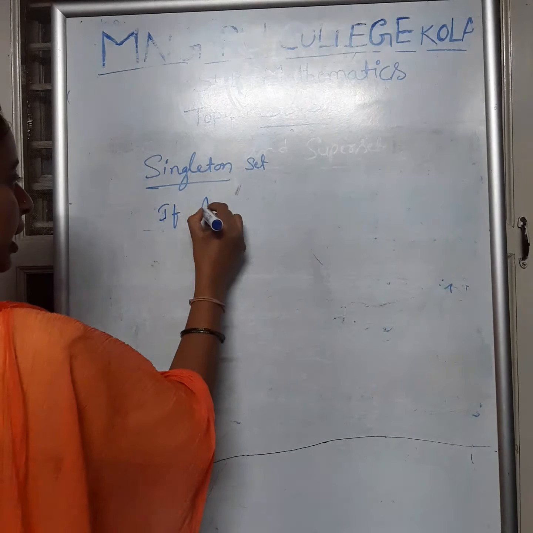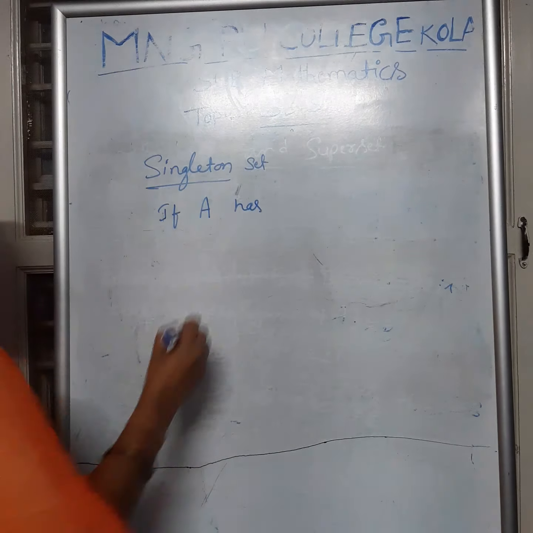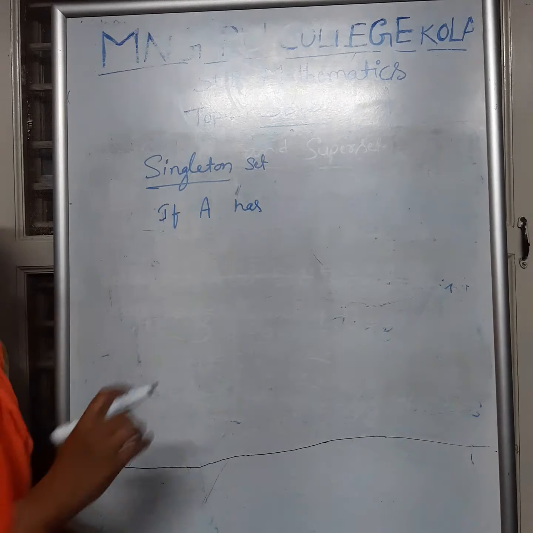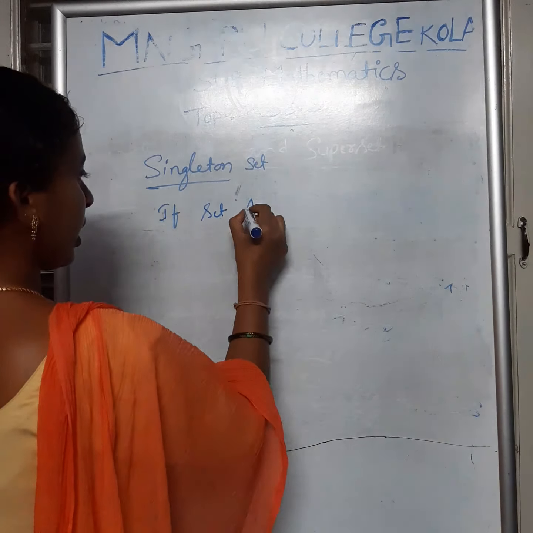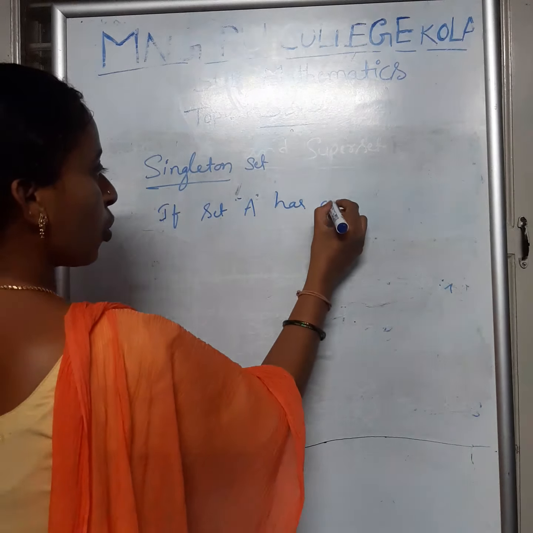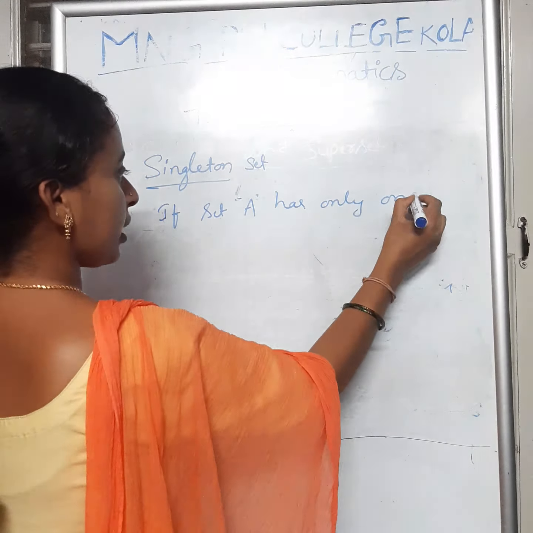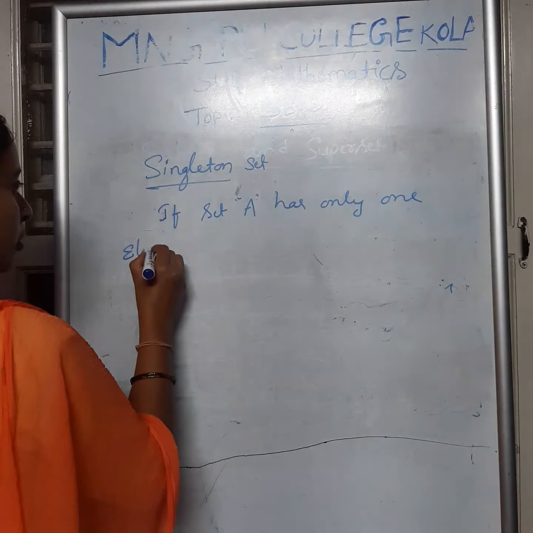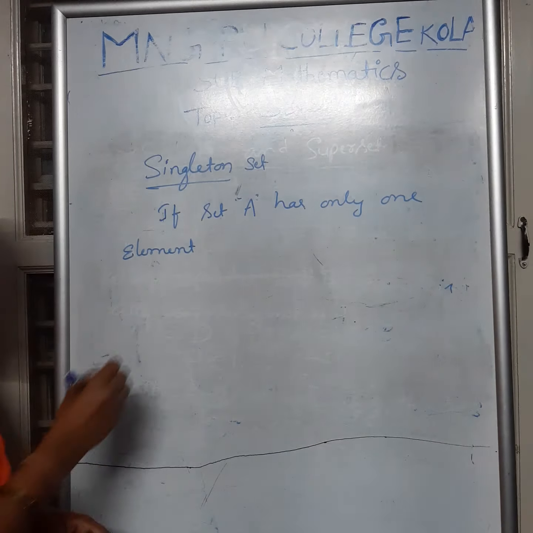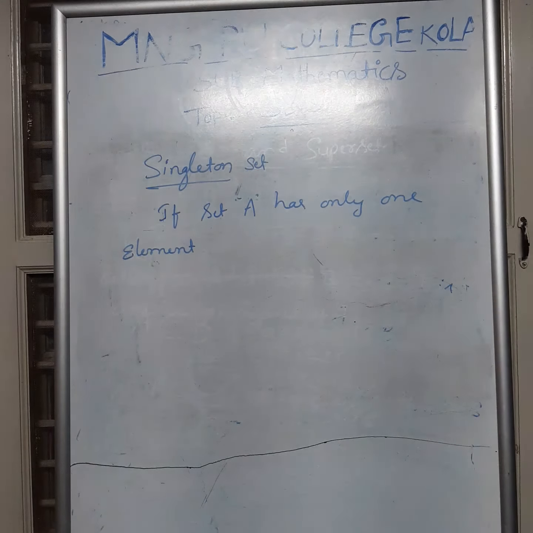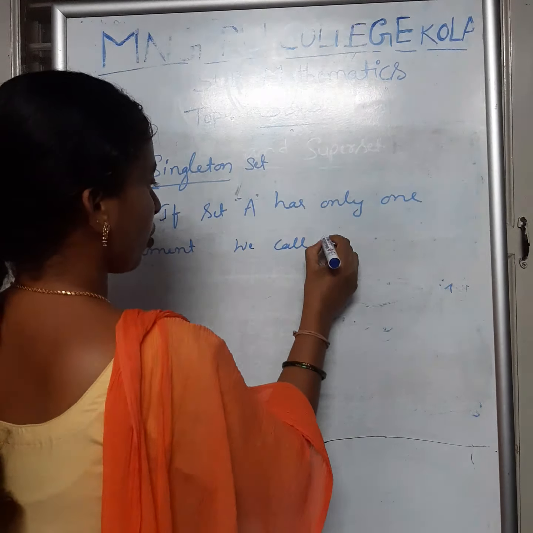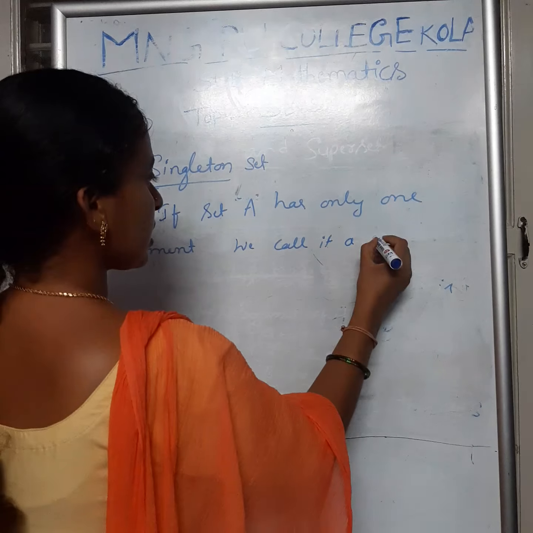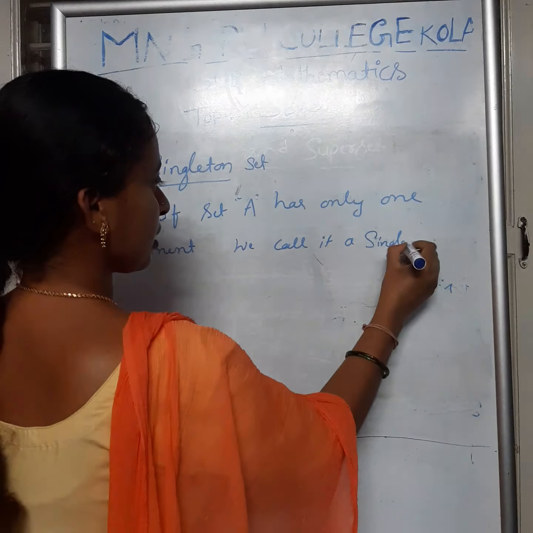If set A has only one element, we call it a singleton set.